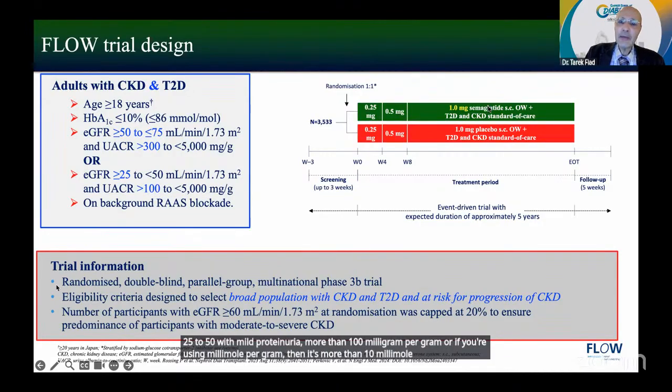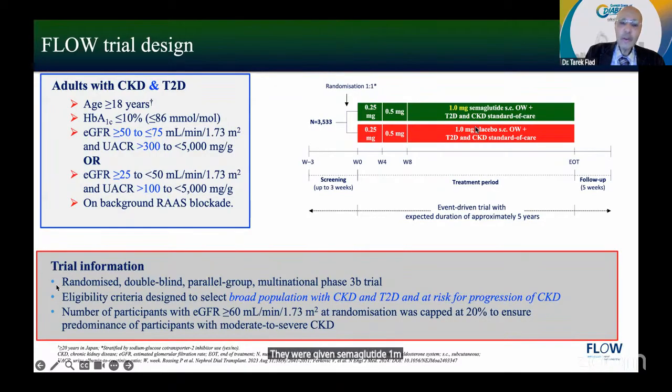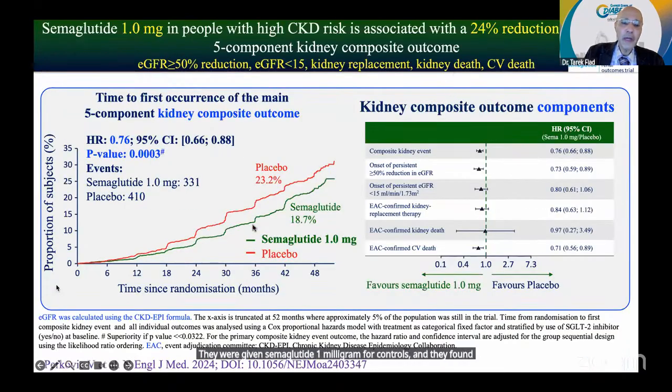They were given semaglutide 1 milligram or controls, and they found that treatment with semaglutide reduced renal endpoints significantly, a 24% reduction in the renal endpoints, including decline of more than 50% in GFR, GFR less than 15 with kidney replacement therapy, kidney death, or cardiovascular death.